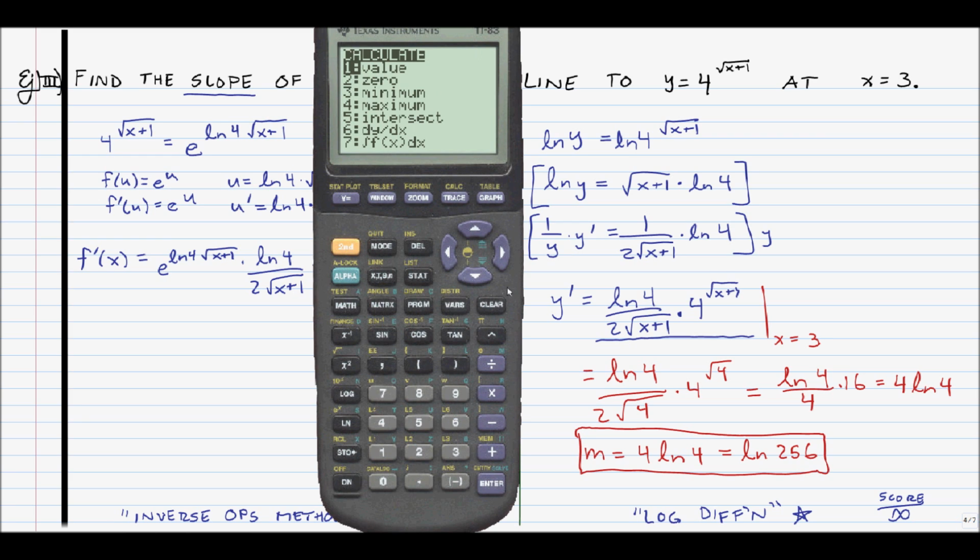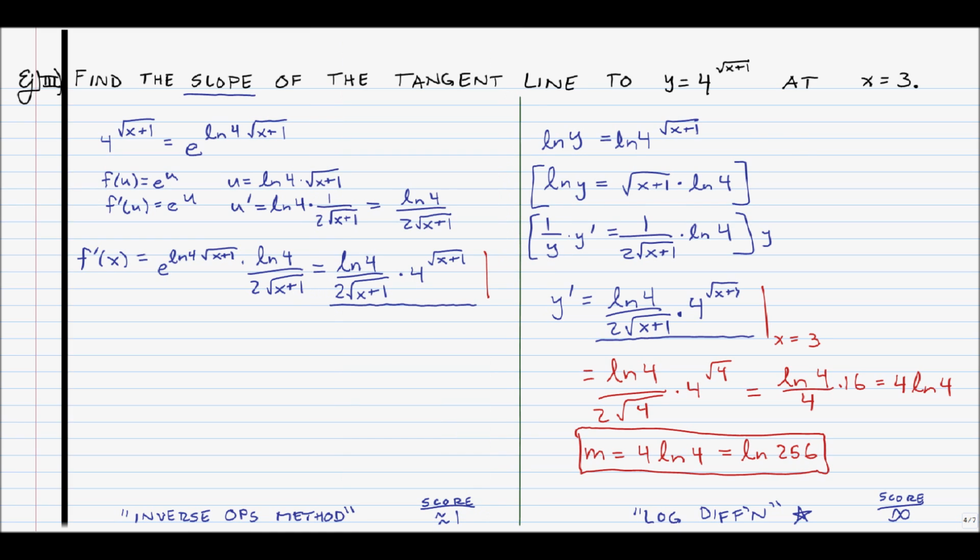Let's do dy dx. Let's figure out what the slope is at x equals 3. 5.5451. 5.5451. Winner! Looks like we got it. What have you won? Well, you finished a math problem. Yay us.